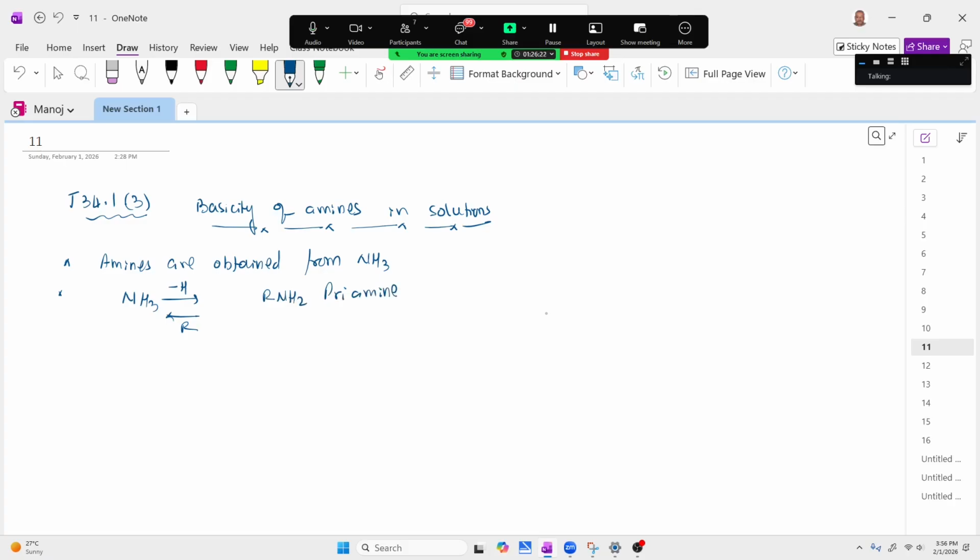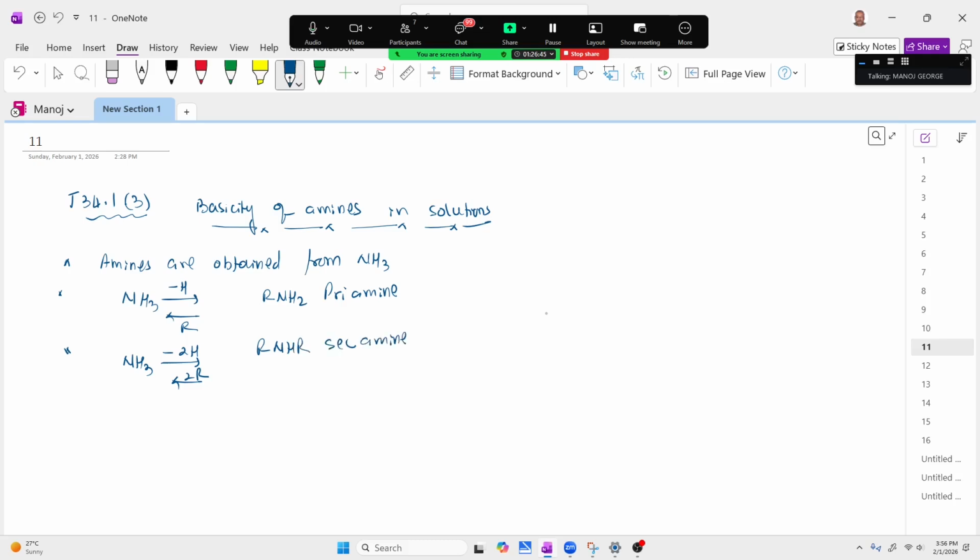First, let's understand where they come from. And if I take the same NH3 and remove two hydrogens and put two R groups, I get RNHR, my secondary amine.